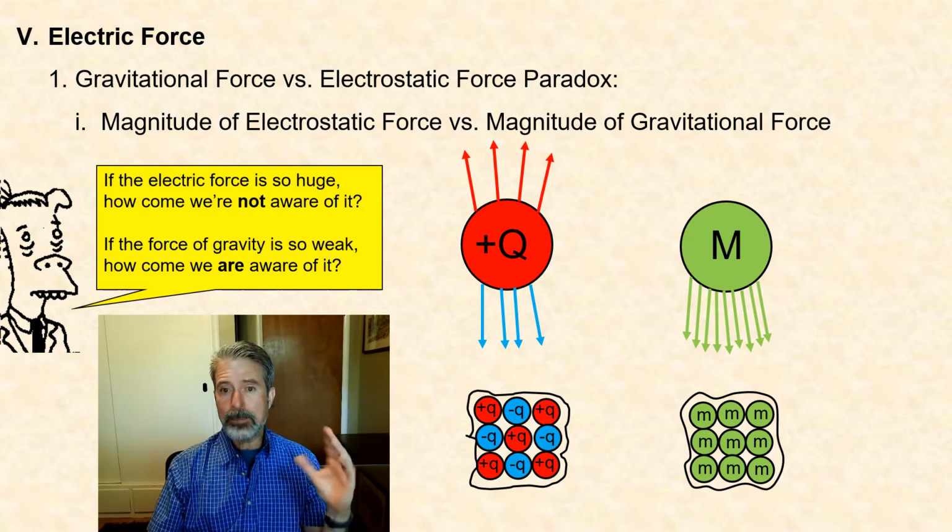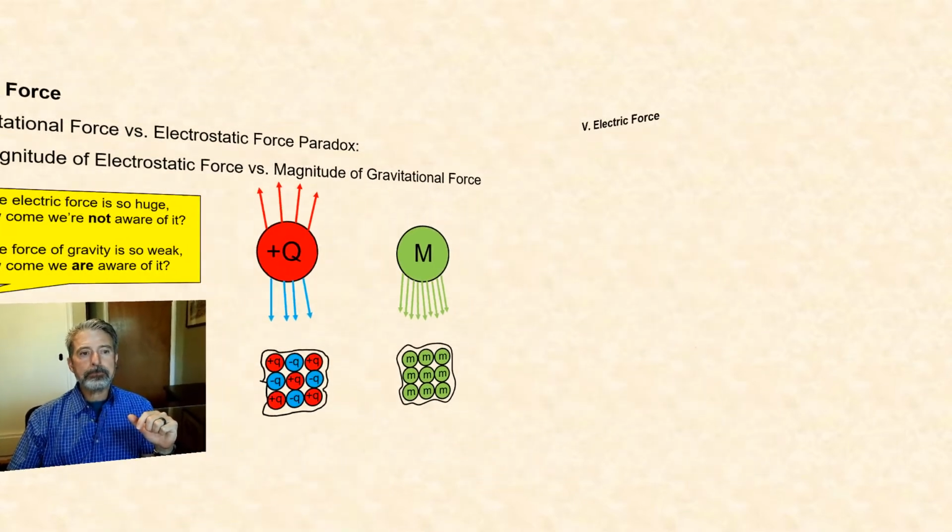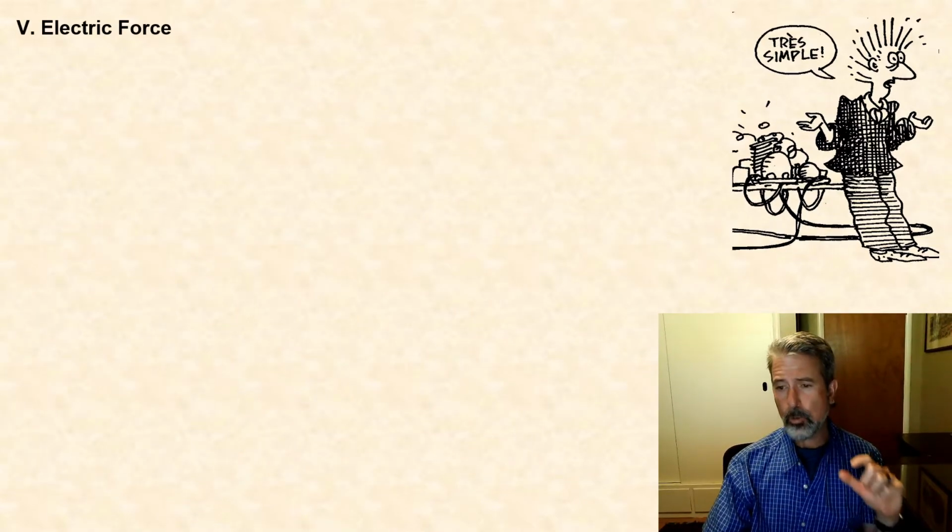It is precisely because the electromagnetic force is so strong that we don't find many separated charges naturally occurring in nature. That is why most objects that we find are electrically neutral. So we now know that the electrostatic force is big, but how big?